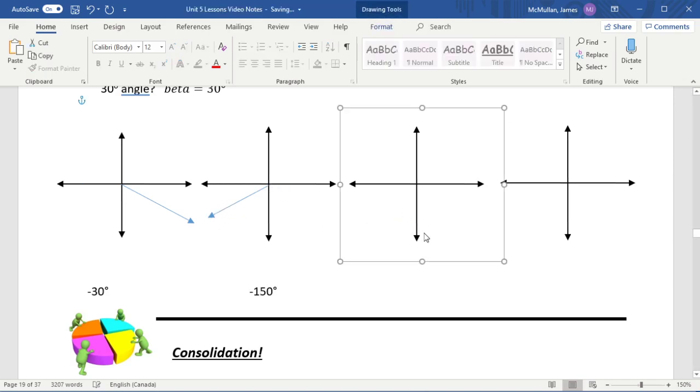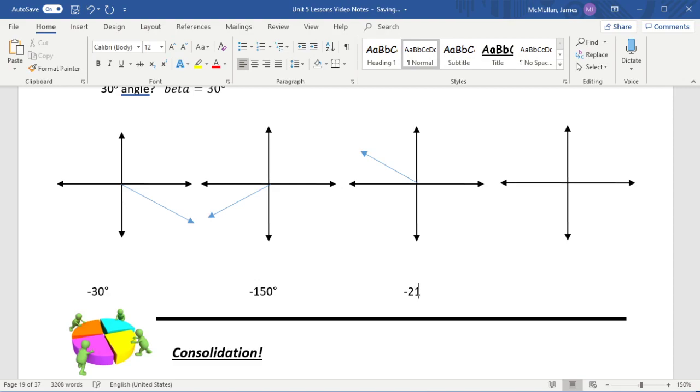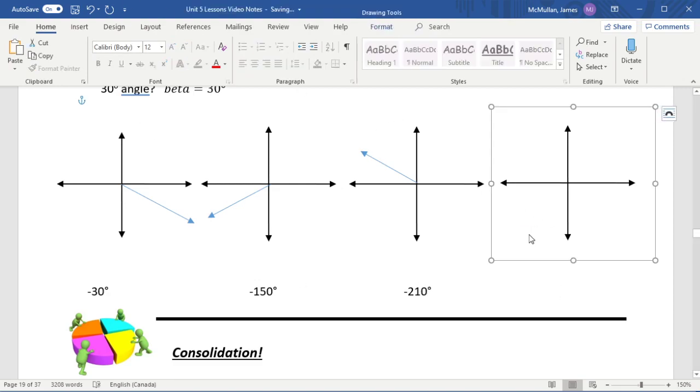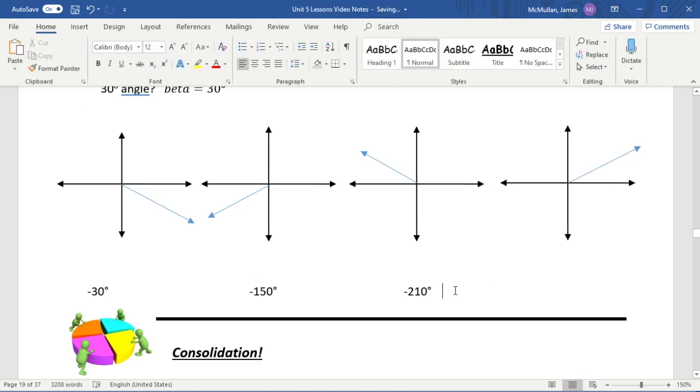The next one is, so again, I start from 0, negative 90, negative 180, 30 more is negative 210. And finally, let's do the same thing one more time. Started at 0, negative 90, negative 180, negative 270, negative 360, but then I have to back up 30, so I get to negative 330.